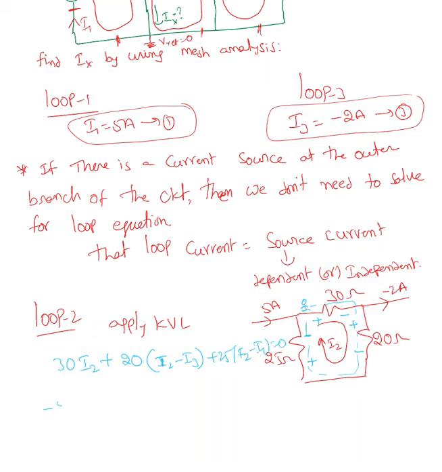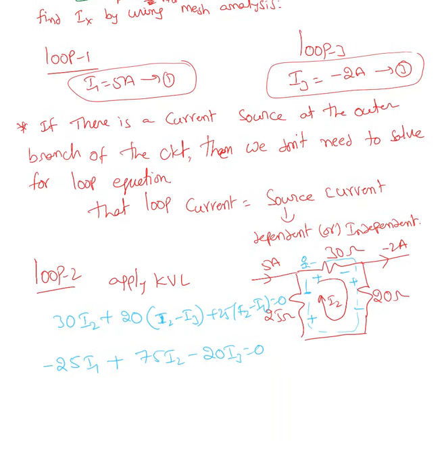So if I simplify this equation, minus 25 I1 plus 75 I2 minus 20 I3 equal to 0. Now I already know I1 is 5 amperes, so minus 25 times 5 plus 75 times I2, which I don't know, minus 20 times minus 2 equal to 0.